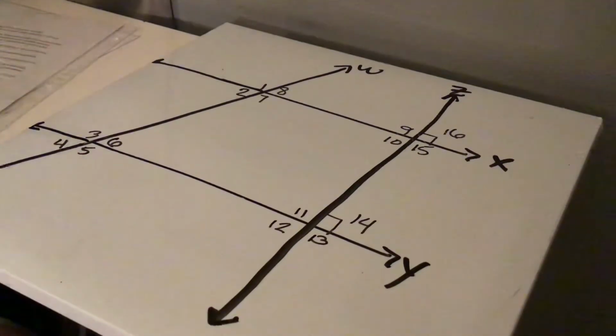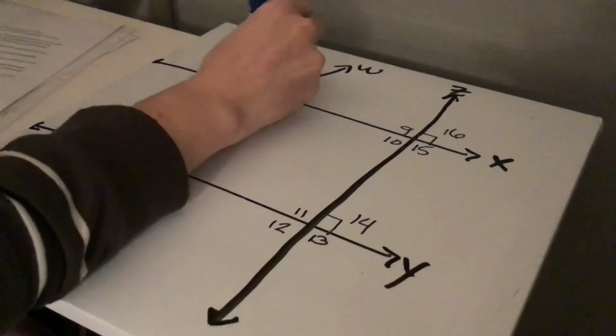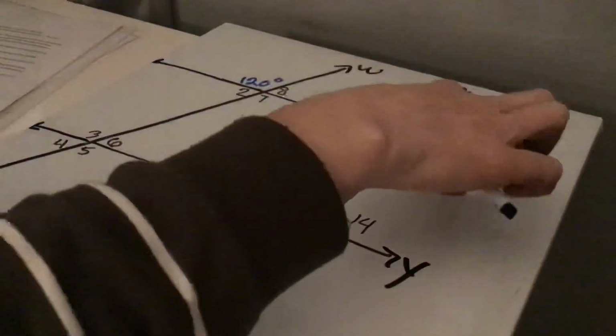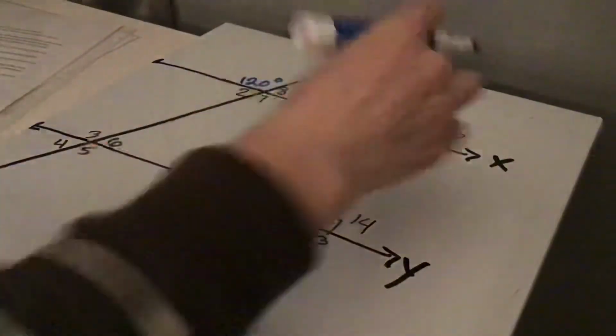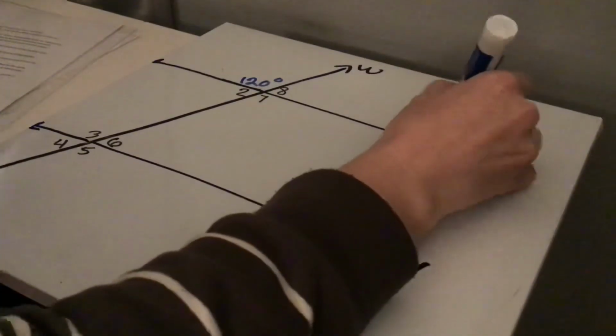So then we're going to say that angle 1 equals 120 degrees. Okay? That is the only angle we know. We're going to use that to find every other angle here. So we're going to say this is 120. We also know that Z is perpendicular to X. So that means that this angle 16 would be 90 degrees because it's perpendicular.